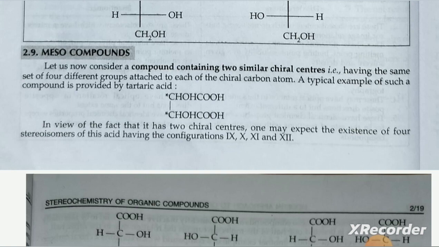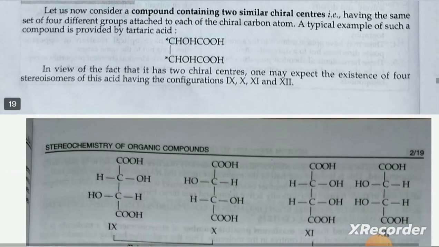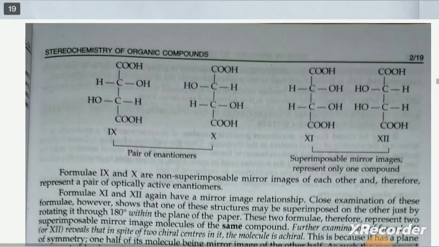In view of the fact that it has two chiral centers, one may expect the existence of four stereoisomers of this acid having the configurations 9th, 10th, 11th and 12th.